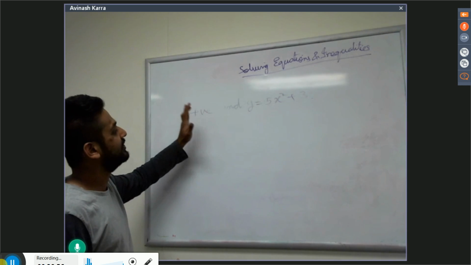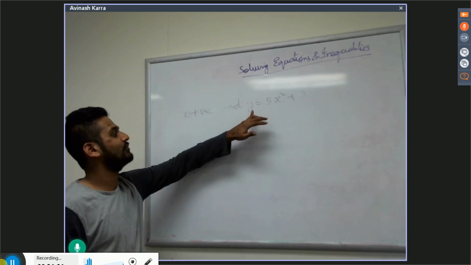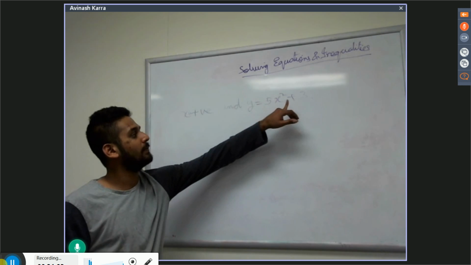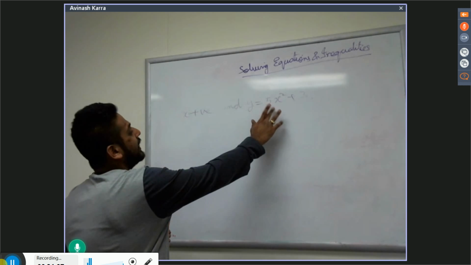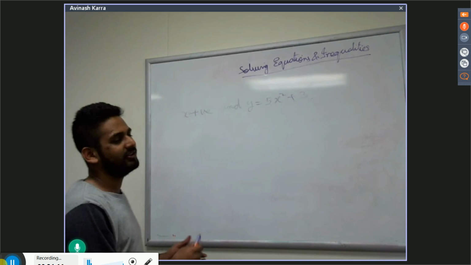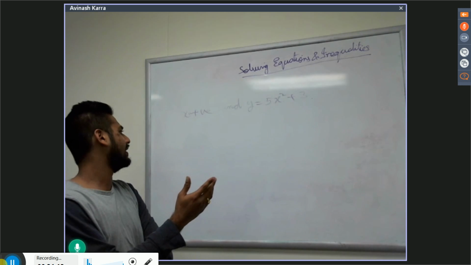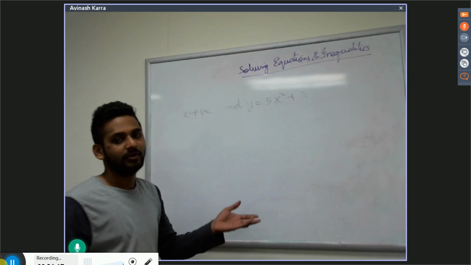So he's saying that x is positive, and he has given one equation: y is equal to 5x square plus 3. Can you find x in terms of y? I mean, just see what x is in terms of y. We are making x the subject.